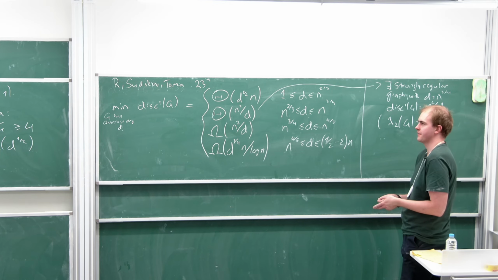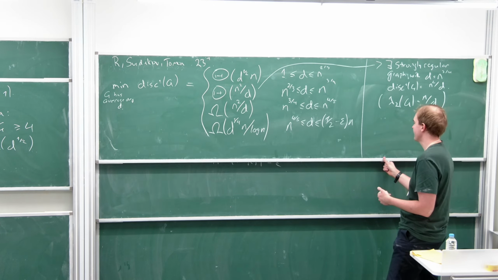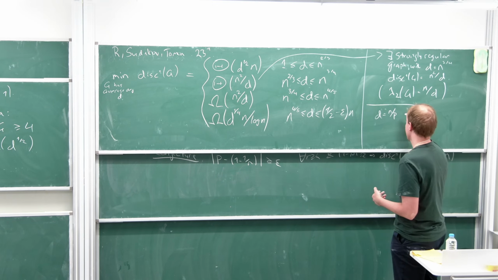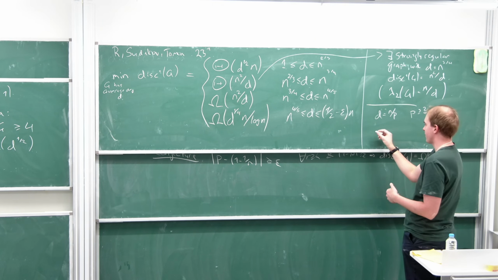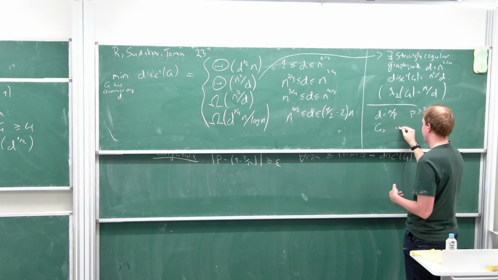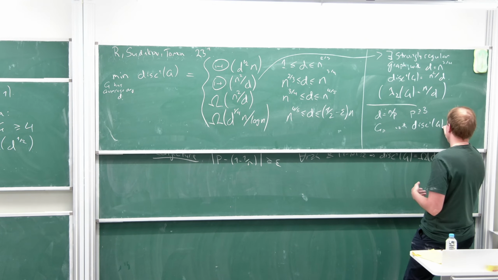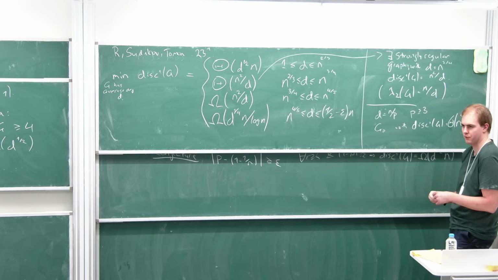So there is, for linear size. If d is n over p, where p is a prime at least 3, there exist graphs G_p with positive discrepancy n to the 4/3, which beats the random bound as well.